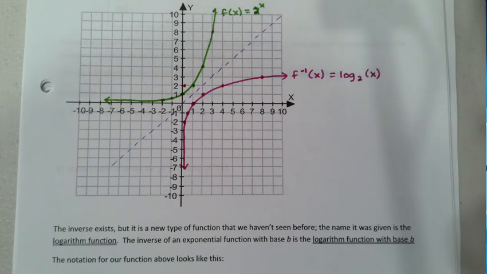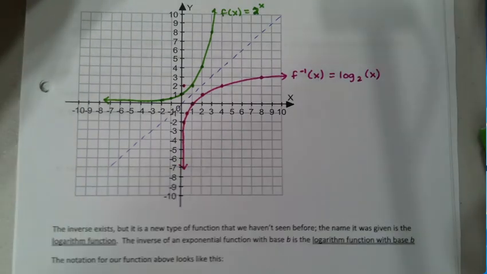So I've got 2 to the x, my original function, and then the inverse is the logarithm, base 2. Notice that the base for the exponential and the base for the logarithm are the same. All right, your notation is given here at the bottom of the page as well.